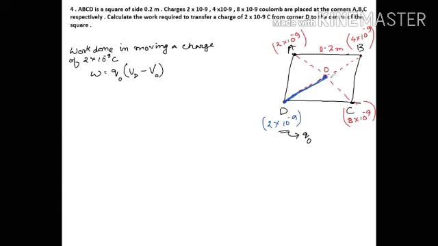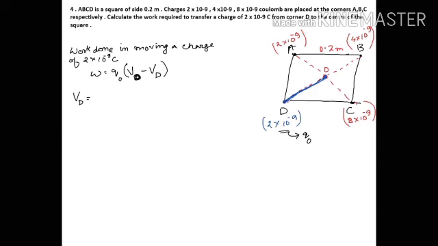Instead, let's say it is VO minus VD. So this potential difference multiplied by the test charge will give you the work done in moving from corner D to the center O. Now separately you have to find the VD value, and separately you have to find the VO value.